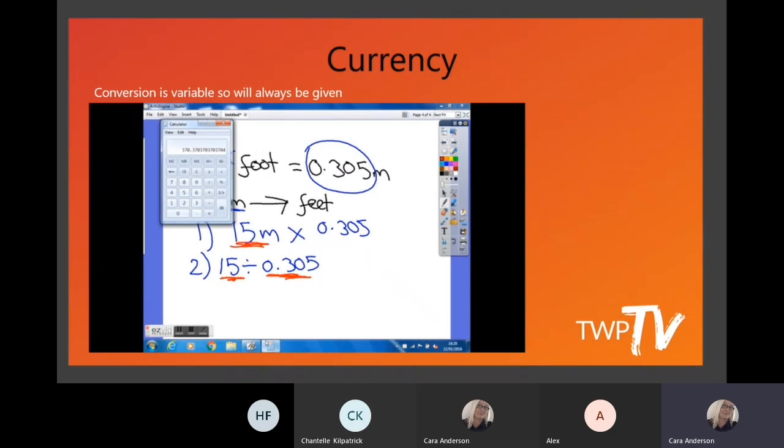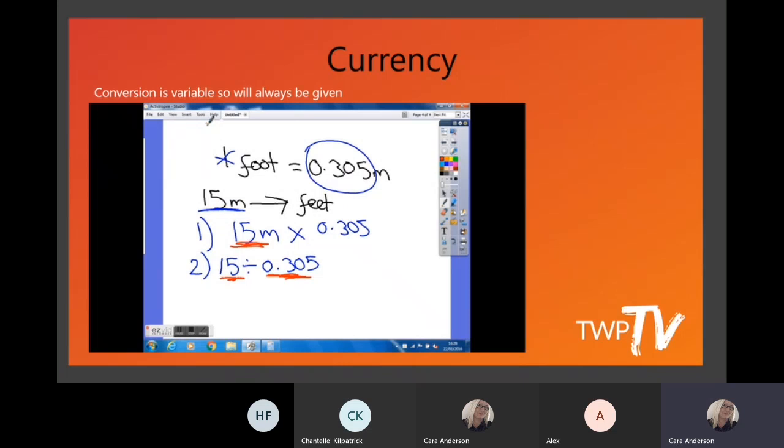So if we get the calculator back up, we can work both of these out now. So the first one, again, 15 times 0.305. That gives you 4.575.